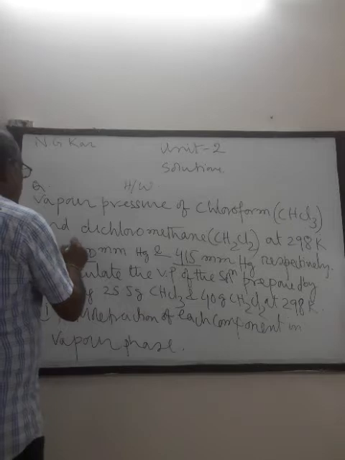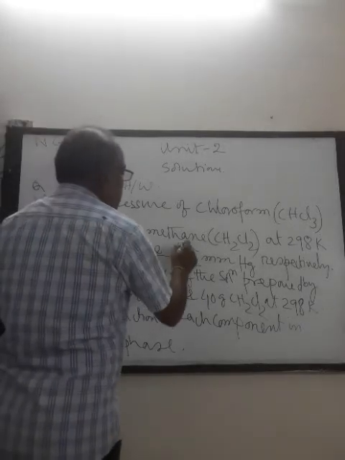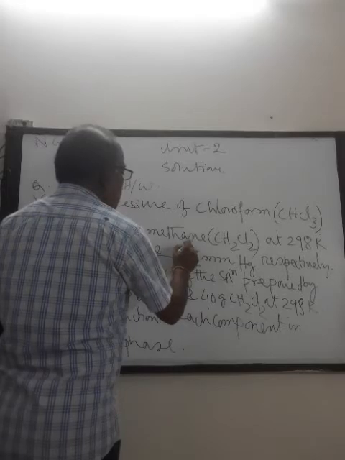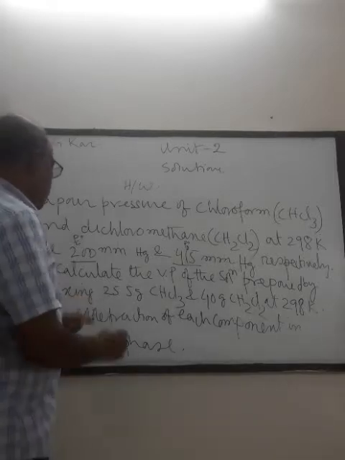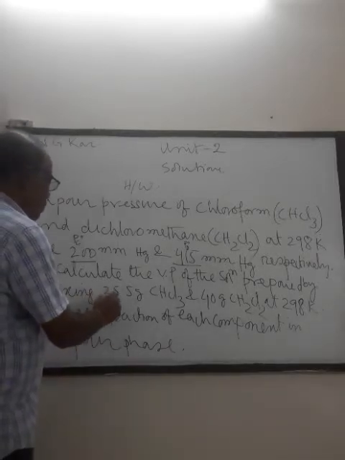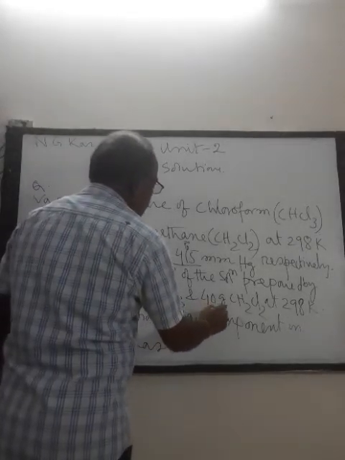So this is the vapor pressure of chloroform and this is the vapor pressure of dichloromethane in pure state. And these are the mass of chloroform and the mass of dichloromethane.